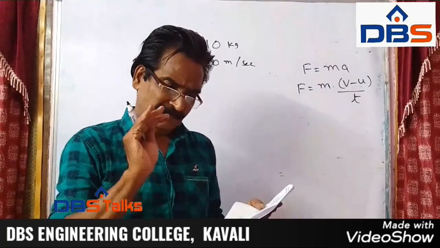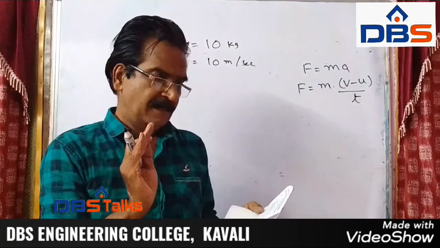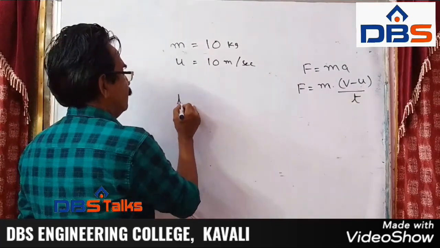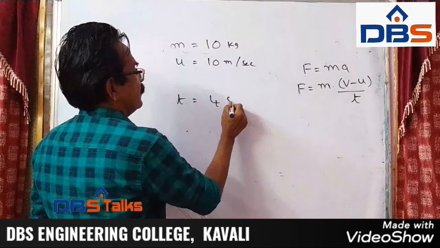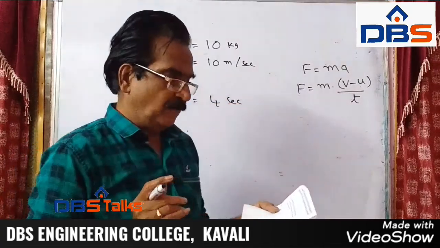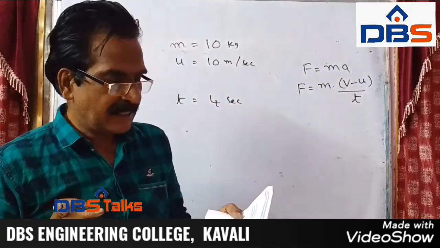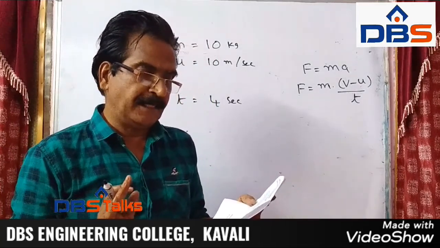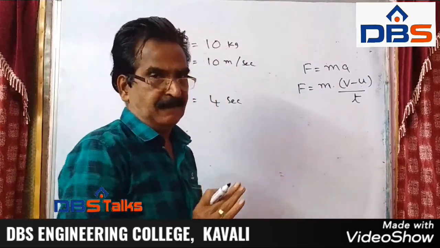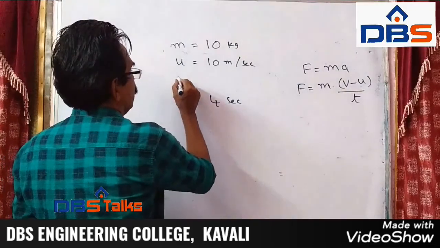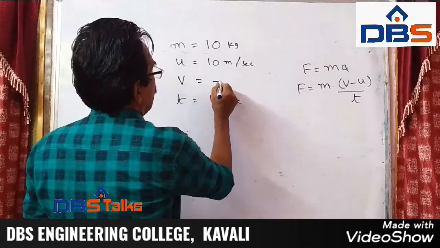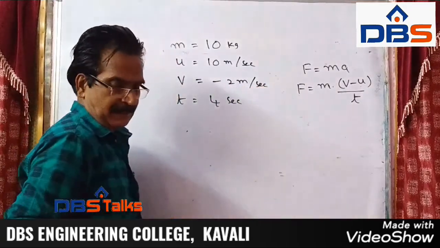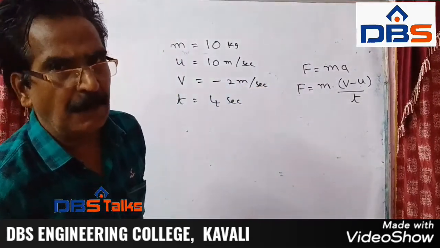A constant force that acts for 4 seconds on the object gives it a speed of 2 meters per second in opposite direction. So after applying force, the final velocity becomes 2 meters per second in opposite direction.